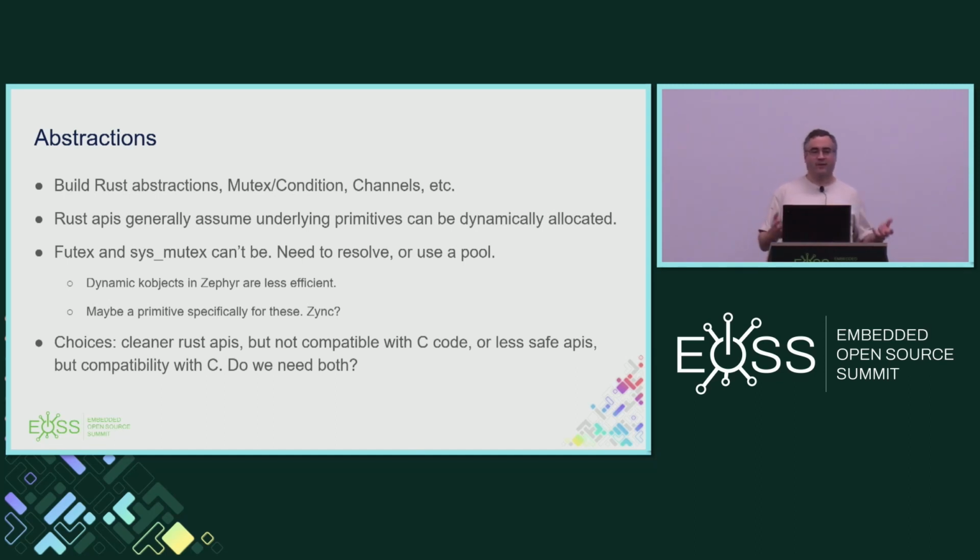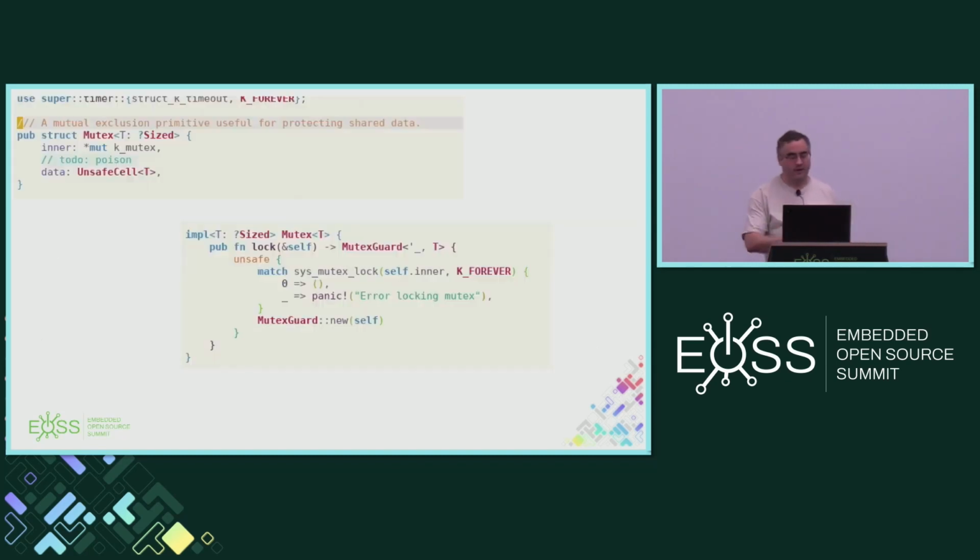But if you're writing an application that's just in Rust, and you don't need to interface with C code for some of these things, it'd be nice to have these data structures that work like they would in other Rust code. There's no unsafe, I just allocate them, I lock, I do that kind of thing. So I'm guessing we'll need both.